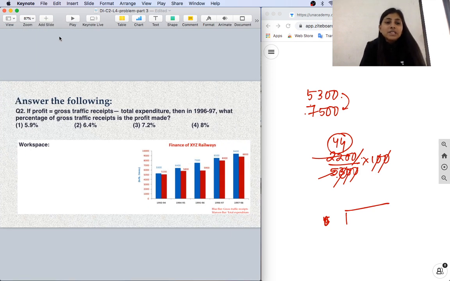if the profit is equal to gross traffic receipts minus total expenditure, then in 96-97, what percentage of gross traffic receipts is the profit made? Solve it.